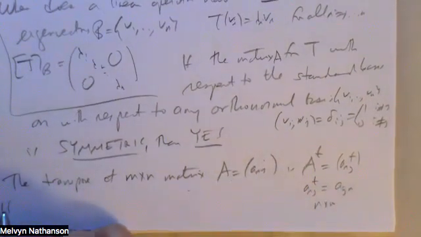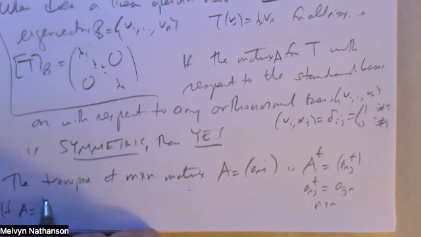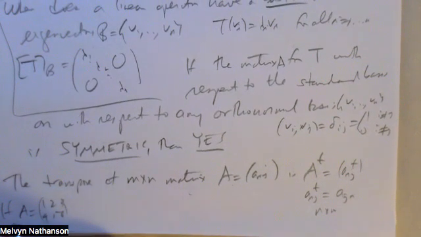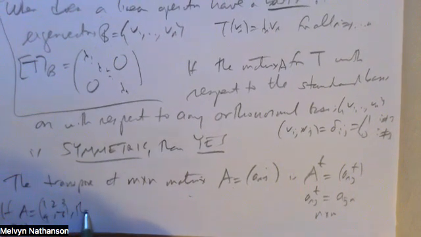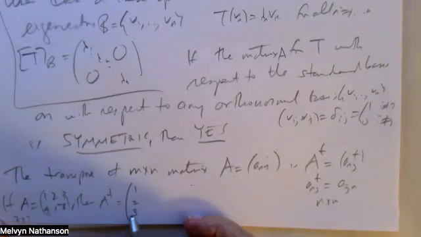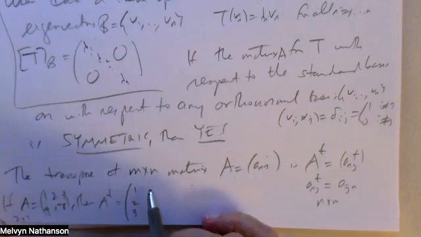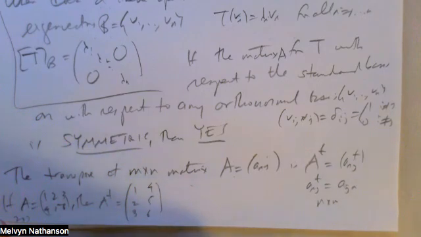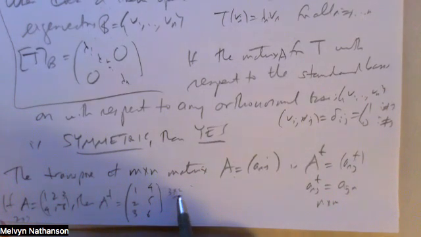For example, if A is the matrix 1, 2, 3, 4, 5, 6, this is a 2 by 3 matrix, then for the transpose, you're transposing rows and columns. If the first row of A is 1, 2, 3, the first column of A transpose is 1, 2, 3. If the second row of A is 4, 5, 6, the second column is 4, 5, 6. This is a 3 by 2.